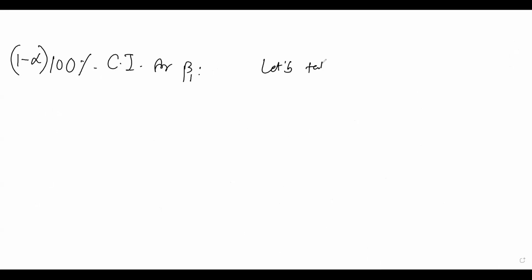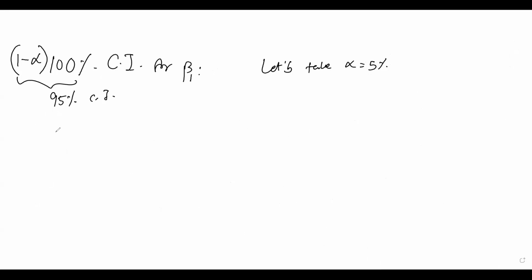What I want is to construct a confidence interval, which is a 1 minus alpha 100% confidence interval for beta 1. So let's take alpha equals 5%. Okay, you have to know that. So if alpha is 5%, this is going to be a 95% confidence interval.